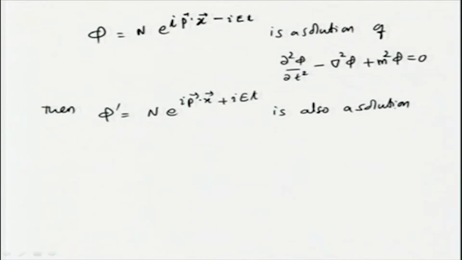So essentially, when you put it back in the Klein-Gordon equation, both of these will give you E²φ − P²φ + m²φ = 0. Both of these will give you this.